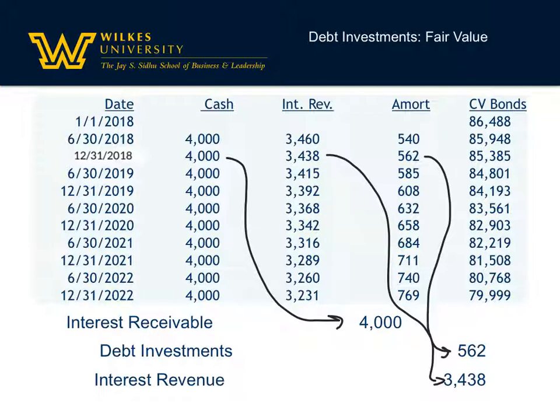The difference is you stop at the end of 2018, and you have a carrying value of $85,385. What is the fair value? And you're going to have to make an adjustment for this.